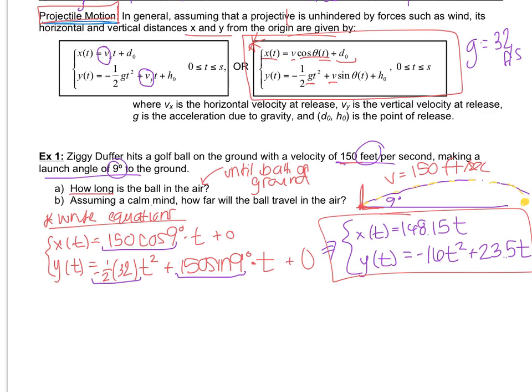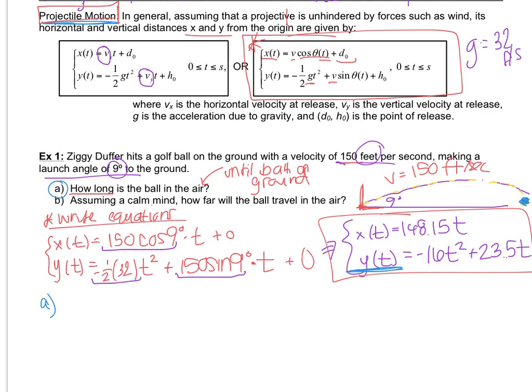Now back to part A, which is asking how long is the ball in the air? And we essentially want to know what is the value of time, t, when our y value goes back to 0. So basically, we have our equation for y, and we want to know when that is 0.